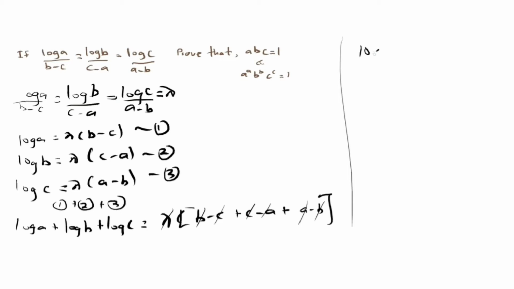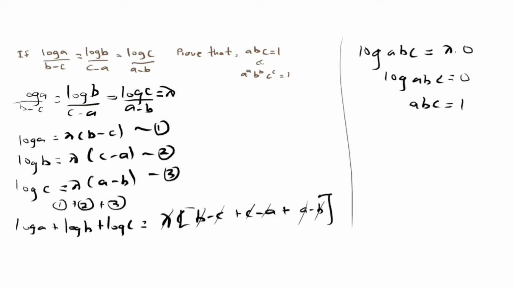On the left hand side, since it is plus, we can write it as log abc equals lambda times 0, which leaves log abc equals 0. Then we can write abc equals 1, by indices, converting this into indices.